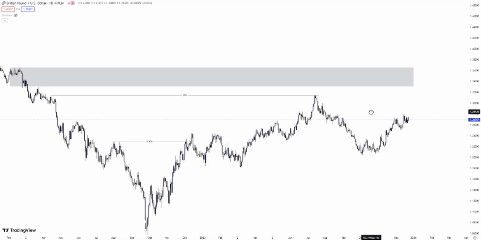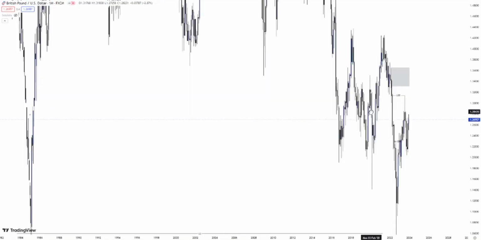The reason being that I want to show you the outlook of GBPUSD in 2024, at least the first month, if not the first quarter of 2024. I just want to show you the general outlook of GBPUSD. Now, let's get to the monthly time frame and let me quickly show you some things.